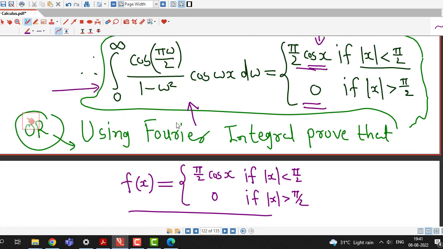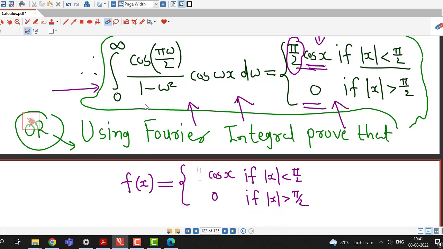So whenever you are asked to prove this type of thing using Fourier integral, you should consider the right hand side as your function. If you wish, you can ignore the constants in the product, and consider f(x) equal to cos x if |x| is less than π/2, 0 if |x| is greater than π/2, then decide the Fourier integral of this function f(x).